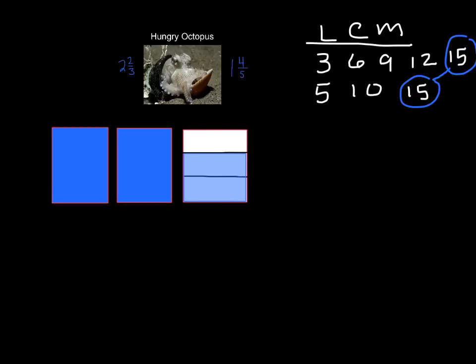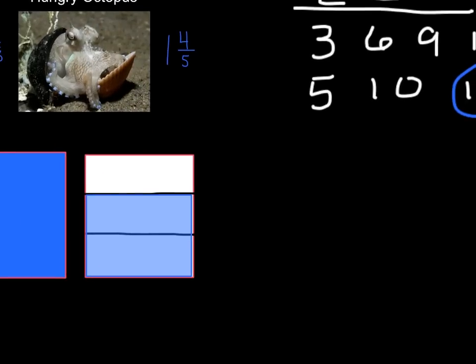So let's do that real quick here, and then I'll have you copy what I do. So I'm going to make 4 lines, so I'm going to go 1, 2, 3, and 4 lines will give me 1, 2, 3, 4, and 5 parts. Now that should make this into 15ths. 1, 2, 3, 4, 5, 6, 7, 8, 9, 10, 11, 12, 13, 14, 15.